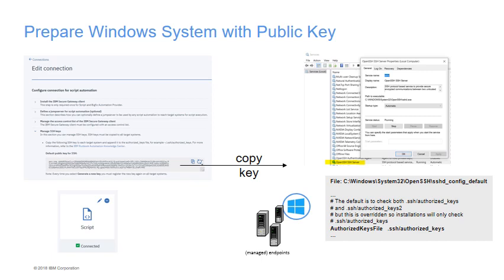As you do on Linux, the public key of the script connection in RBA has to be copied to the file authorized keys in the hidden directory .ssh of the Windows user you want to use to run the PowerShell command on the target system, e.g. administrator. But also think about creating a functional user ID for executing PowerShell commands and scripts on that system.